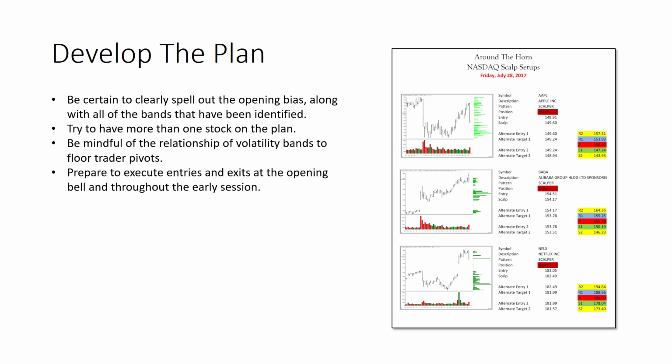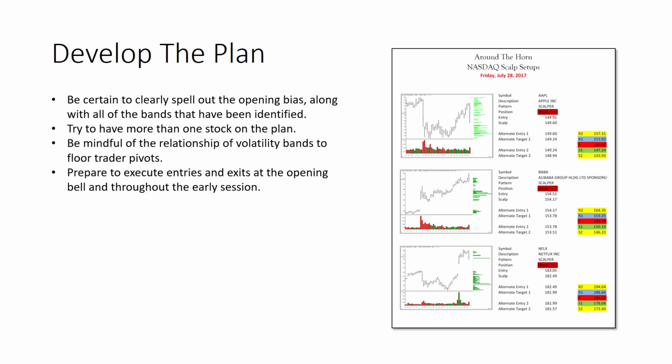And on the really liquid super caps, when you're dealing with Apple, when you're dealing with stocks that trade very heavily in the pre-market, then you want to prepare to execute entries and exits at the opening bell by watching what's happening in the pre-market activity. Makes it very easy. So in this case, if Apple was trading at 149.65 before the open, then what I would do is put out a structured order saying if it gets down through 149.60, get me short, and then target 149.24.